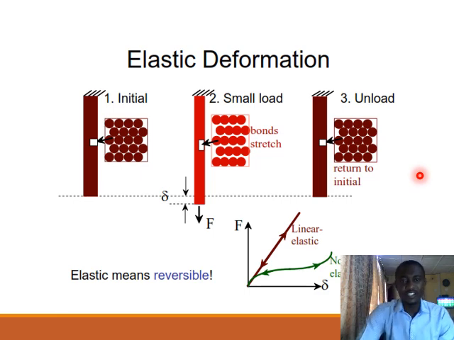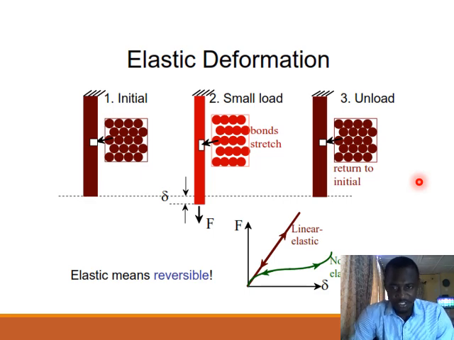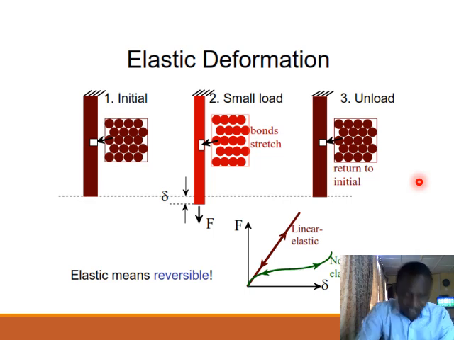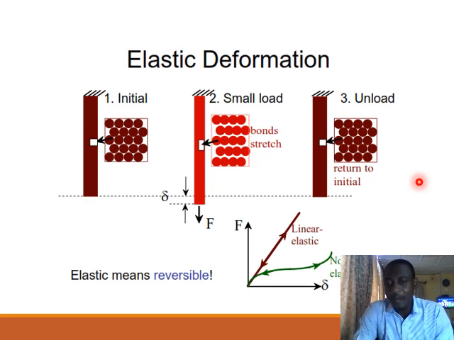The first one is elastic deformation. Elastic deformation is a form of reversible deformation. Once you apply the load, the material deforms. If upon the removal of that applied load, the material is able to return completely back to its original state, then you understand that the load application has caused an elastic deformation.